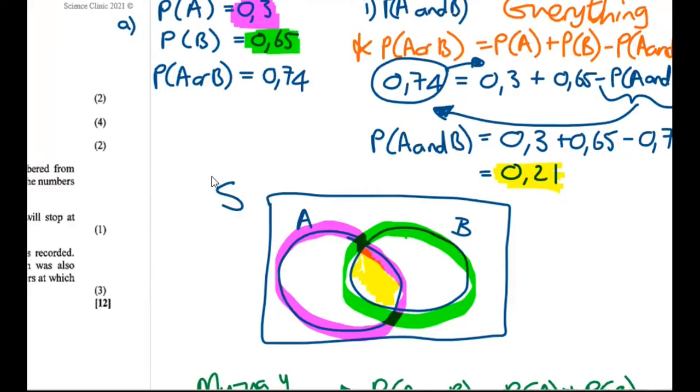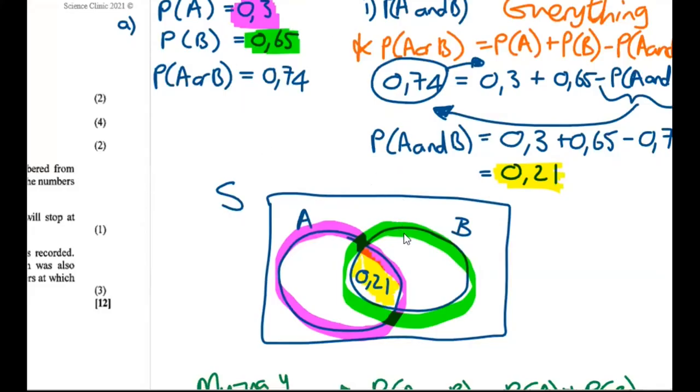The reason I'm stressing that is I cannot put two values in B that don't add up to 0,65. So you always start with the overlap of a Venn diagram. You start with everything that's combined first. That's 0,21. I'm hoping by now, because I did some explanation, that you have an idea of how you would do it, or you have already done it so that you can check. That intersection is the 0,21 in the middle there, but the whole circle for B has to add up to 0,65.